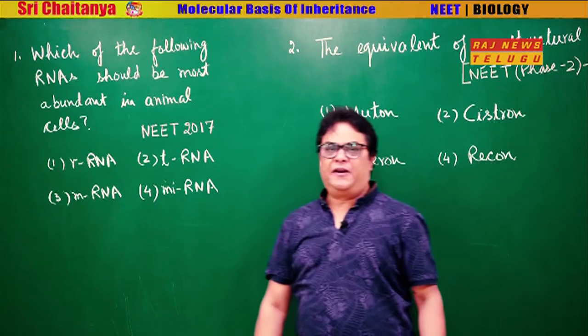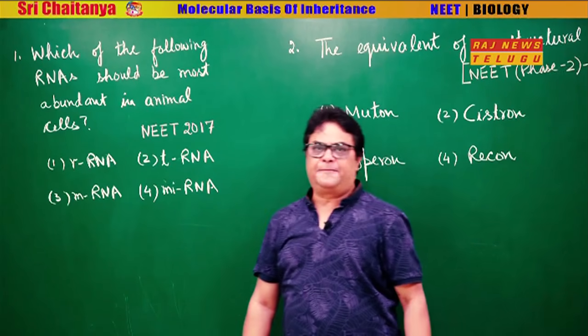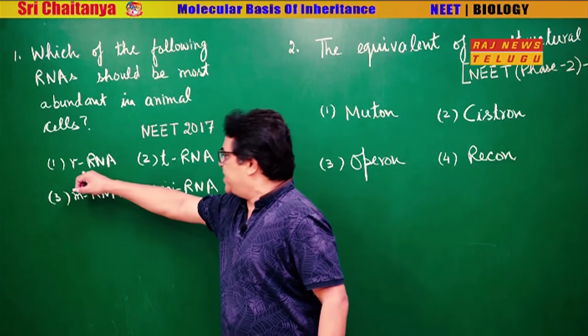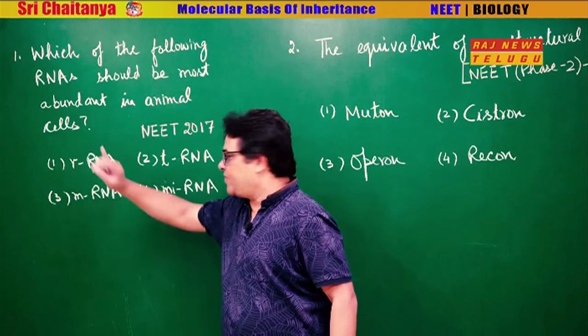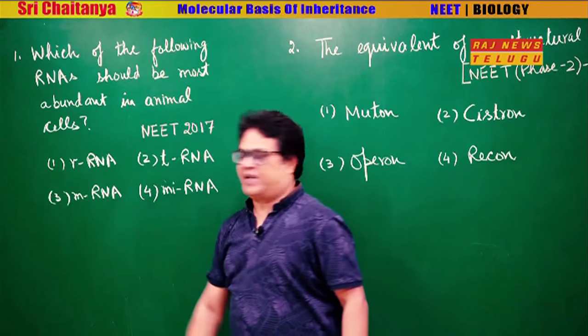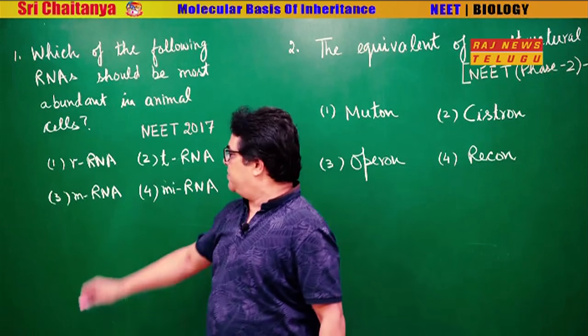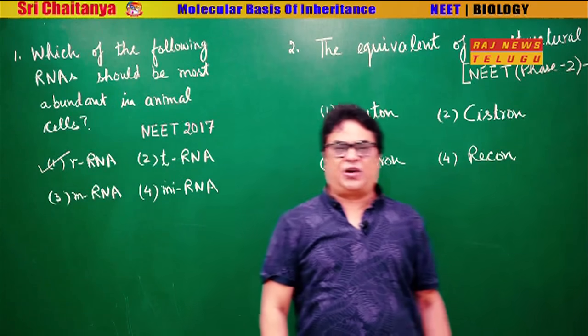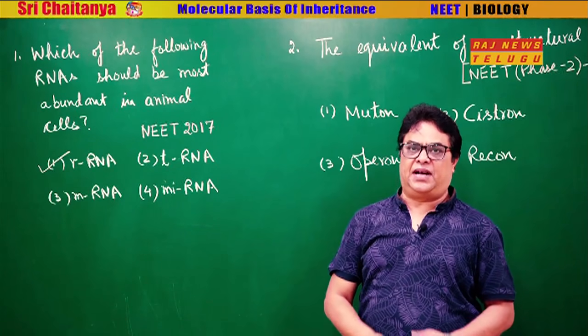If you remember, while discussing the chapter, we said that in the cytoplasm 80% is ribosomal RNA, 15% is tRNA, and 5% is mRNA. So the most abundant RNA is ribosomal RNA. So our answer is ribosomal RNA.